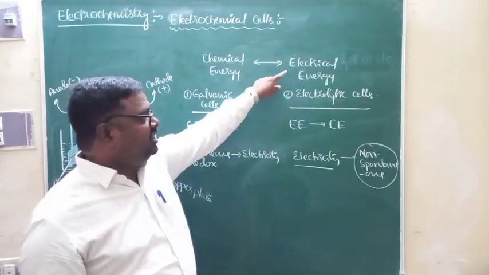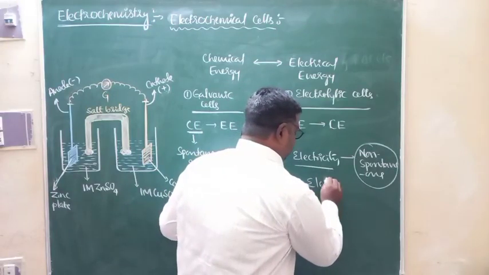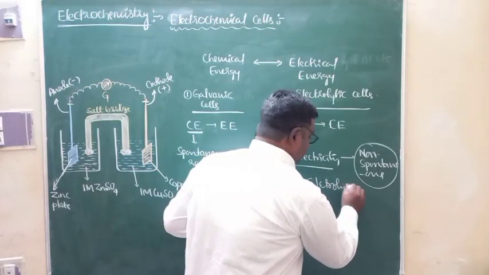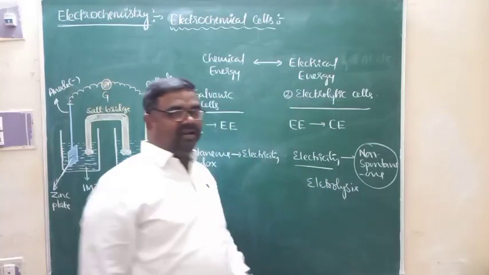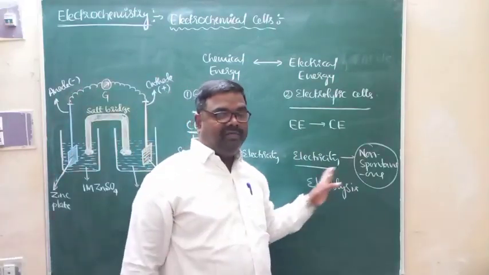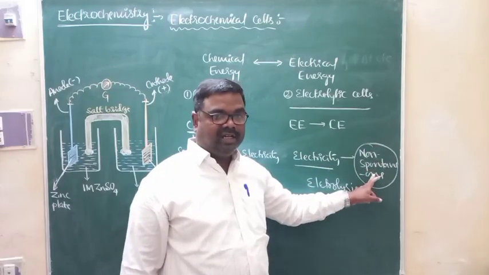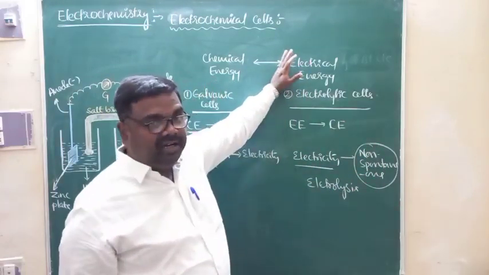That is what we call electrolytic cells. And the process is called electrolysis, the process where we make use of electricity in order to perform non-spontaneous redox reactions.